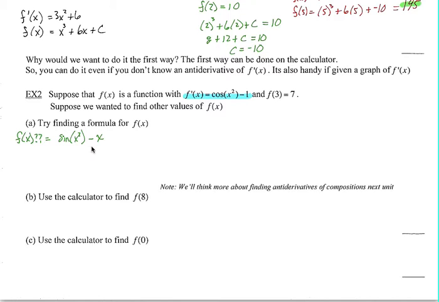To check this, we'll simply take its derivative. If we're guessing that the parent function is sine x squared minus x, let's see what its derivative would give us. Well, the derivative of sine x squared is indeed cosine x squared, but then we have to use the chain rule because we have this inside function.